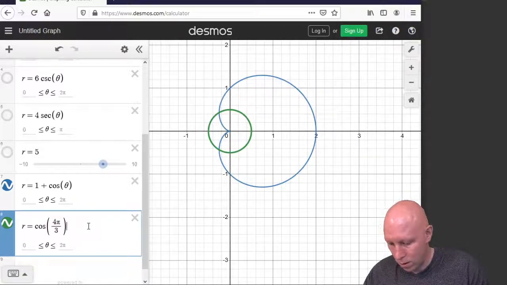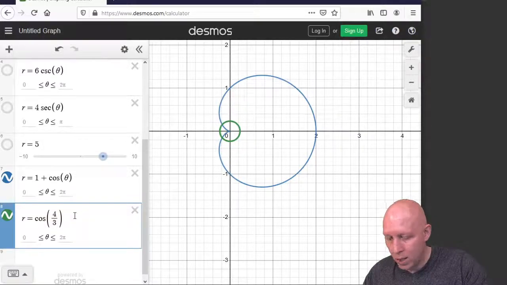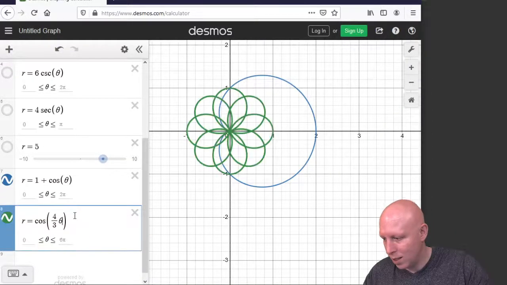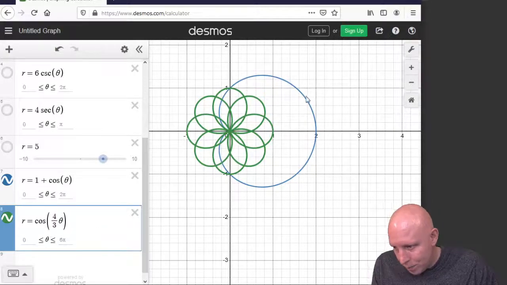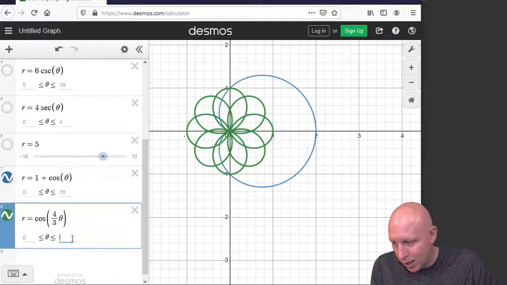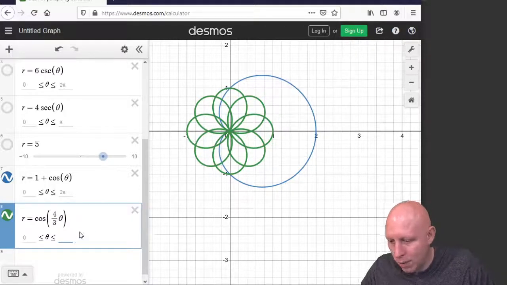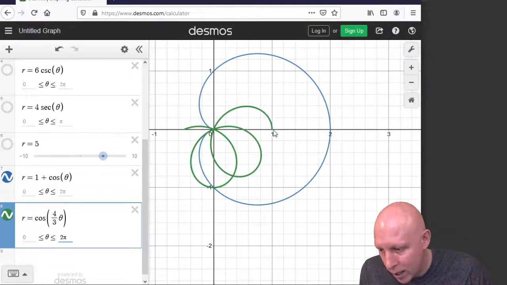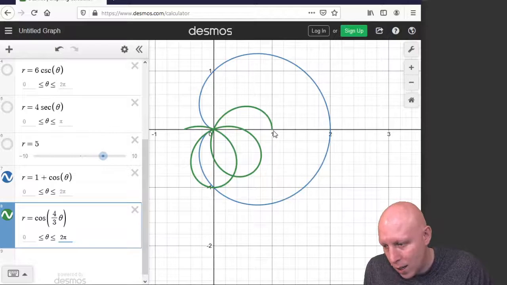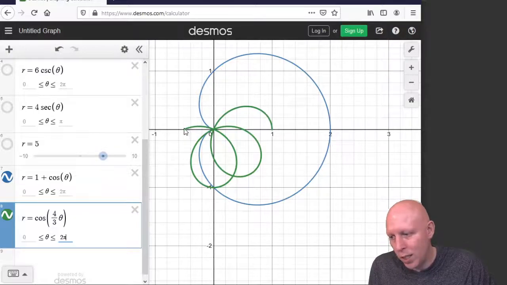Is that the equation that I have here? Cosine of 4 theta over 3. And here you can see our theta value, it knew that we had to go up to 6 pi. Let's see what happens if instead we only go up to 2 pi. So if we go from 0 to 2 pi, then our function starts here, and it spirals around until we get to theta is equal to 2 pi, in which case the function value is negative.